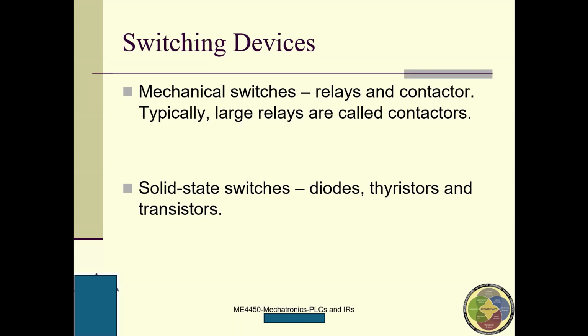So the current can go only in one direction. The symbol shows the current can go from this end to that end. And reversely, theoretically no current, but still a very tiny amount of current. So this is one direction. This is diode.